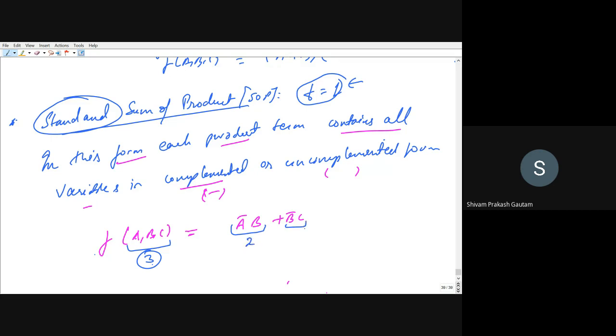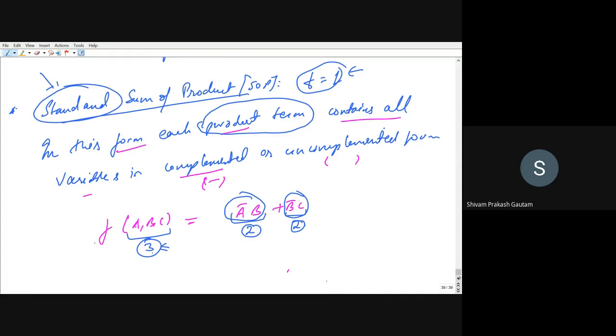In this form, each product term must contain all the variables. Right now, how many variables are there in each product term? Only 2, whereas in total we have 3 variables, correct? So right now it is not in standard sum of product form, so we have to convert it into standard sum of products form.